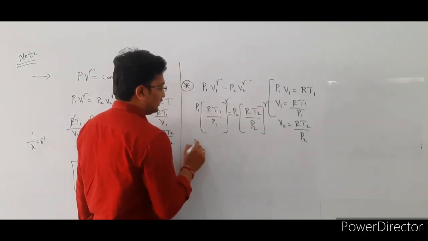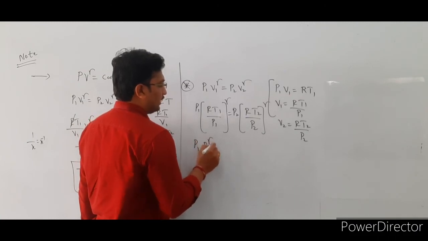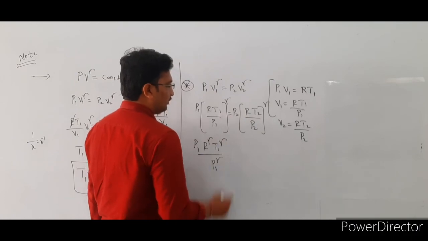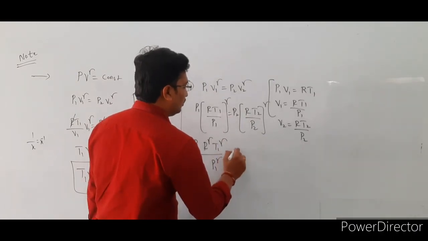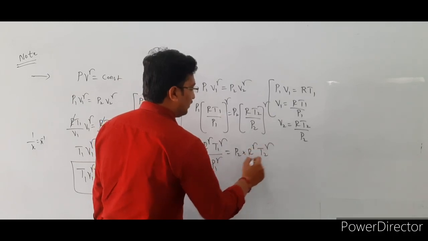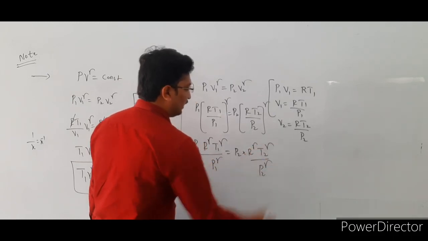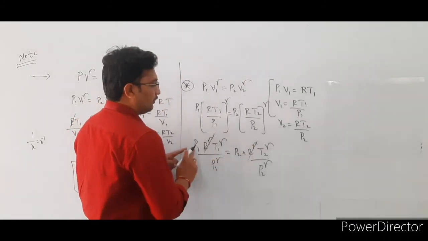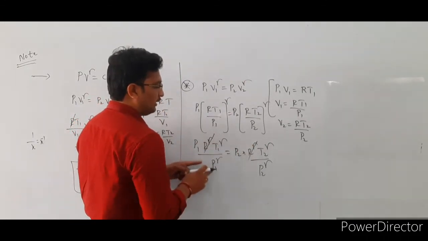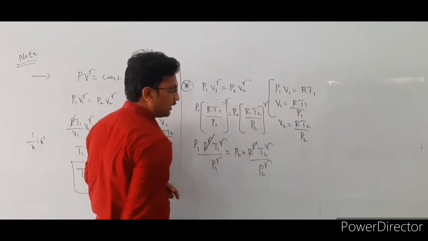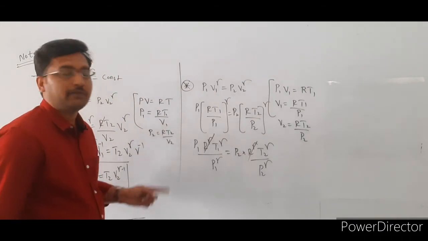Okay, so this is P1 R to the power of gamma, T1 to the power of gamma divided by P1 to the power of gamma, that is equal to P2 R to the power of gamma, T2 to the power of gamma, and P2 to the power of gamma. So in this case R gets cancelled. The remaining is P1 T1 to the power of gamma divided by P1 to the power of gamma, that is equal to P2 T2 to the power of gamma divided by P2 to the power of gamma.